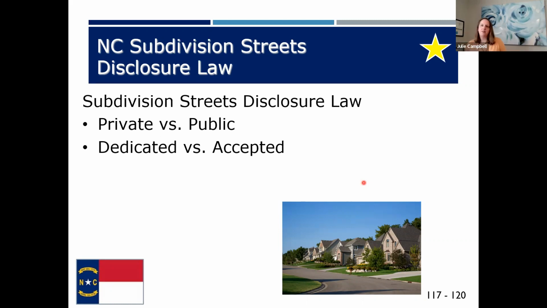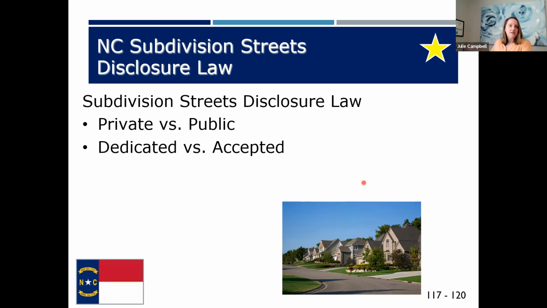So the developer comes in, they want to create the street, they want to dedicate it as public. DOT regulates how the developer builds the streets. There are certain standards that the developer has to meet in order for DOT to agree to take on responsibility. DOT is not going to let developers build streets however they want to, and then be expected to come in behind them and take care of it.